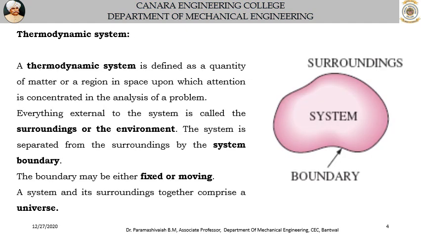So now we'll study some of the important terms in thermodynamics. So now a system. What is a system? Here, a thermodynamic system is defined as a quantity of matter or a region in space upon which attention is concentrated in the analysis of a problem, or the space in which or into which our study is focused or concentrated.